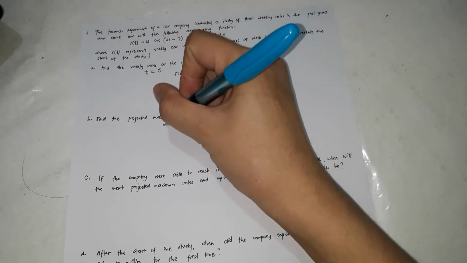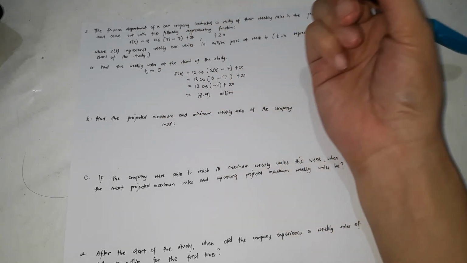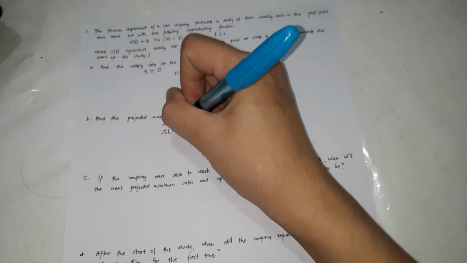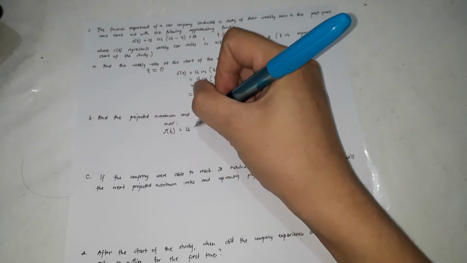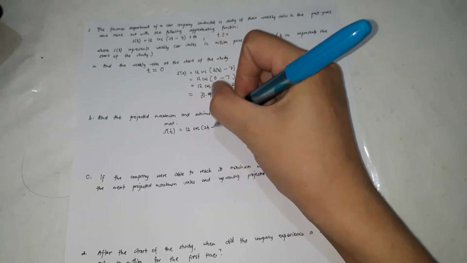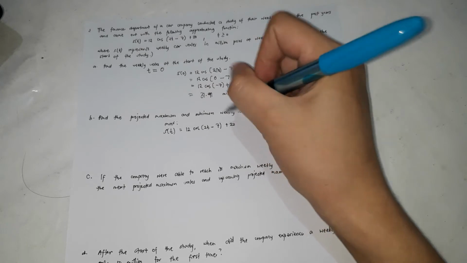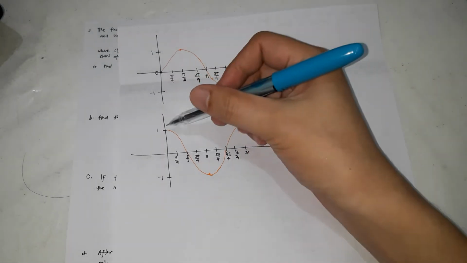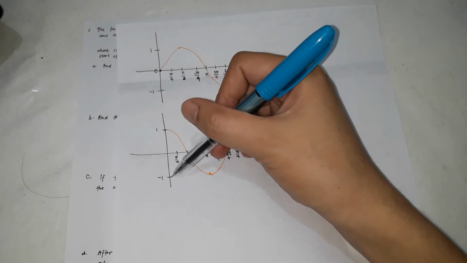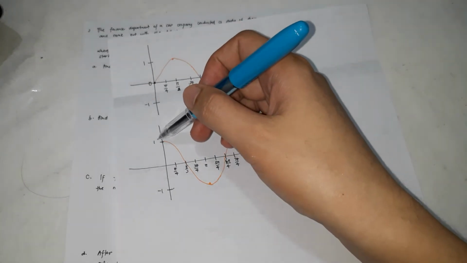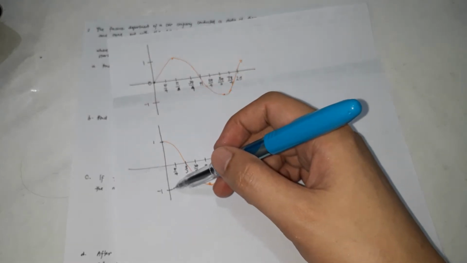So the maximum, which is the highest number of sales, is when S of t is equal to 12, and the cosine, we'll just copy it first so that it will be easily understandable. So we know from the graph that the highest sale is when cosine is positive 1, and the lowest is when the value of cosine is negative 1.